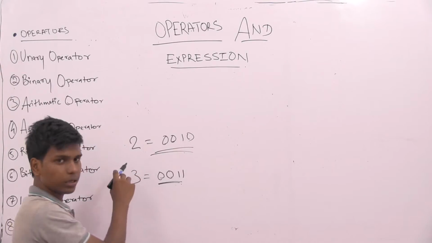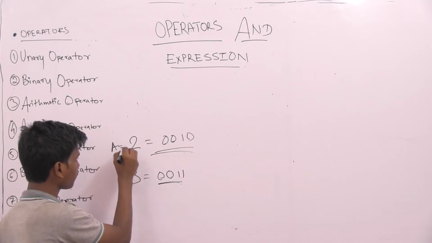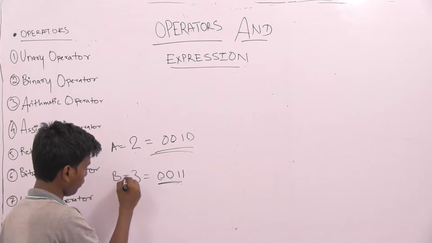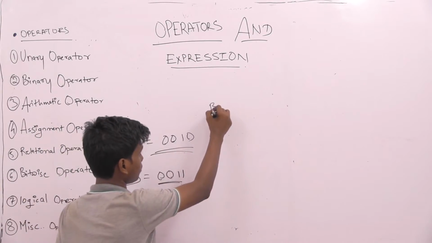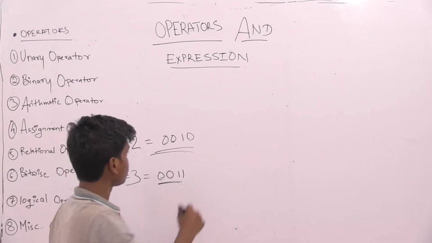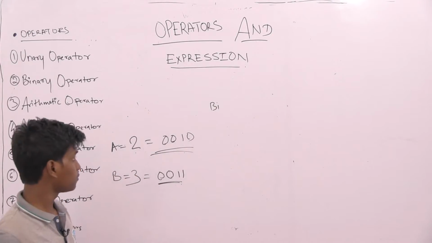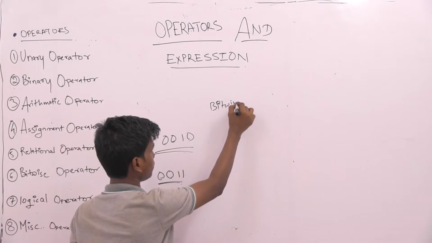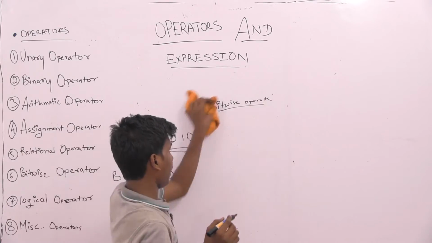If we assign the value 2 to variable a and the value 3 to variable b, and now operate the bitwise operator on these variables, let's try it. Bitwise AND operator.